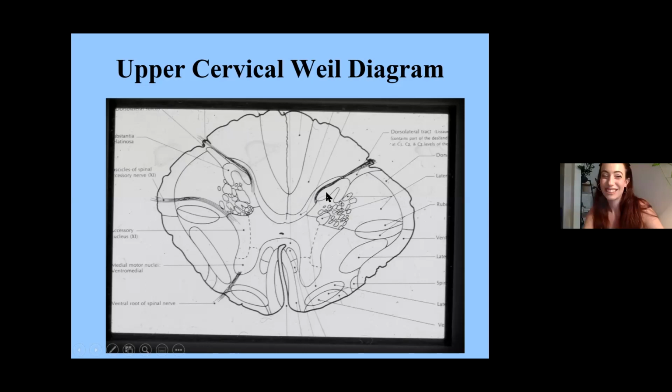And then we see an even more elaborated decussation of the corticospinal tract, pouring into the very, very large lateral corticospinal tract here. Then we have the posterior and anterior spinocerebellar. Then we have the lateral spinothalamic, anterior spinothalamic, anterior corticospinal, and the anterior white commissure.